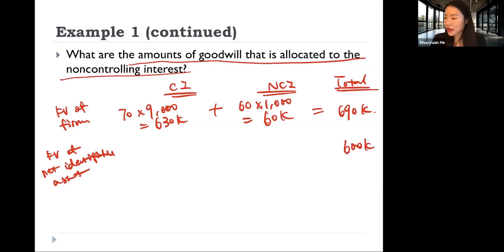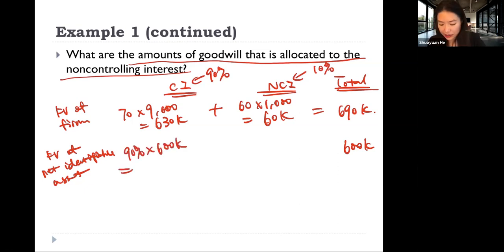The controlling interest has 90% and the non-controlling interest has 10%. So 90% of 600,000 is 540,000, and 10% of 600,000 is 60,000.